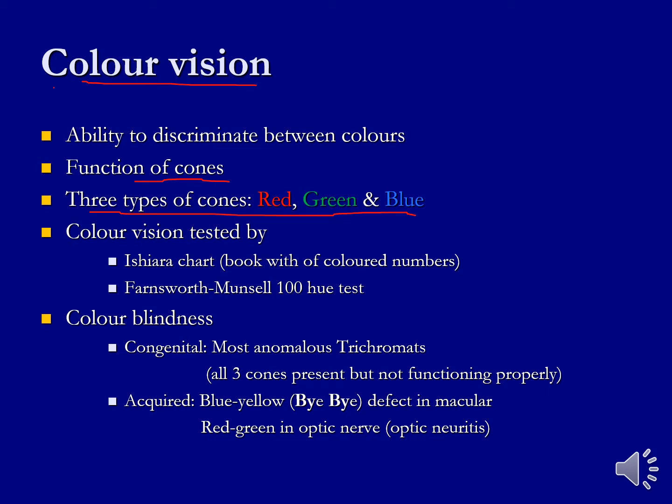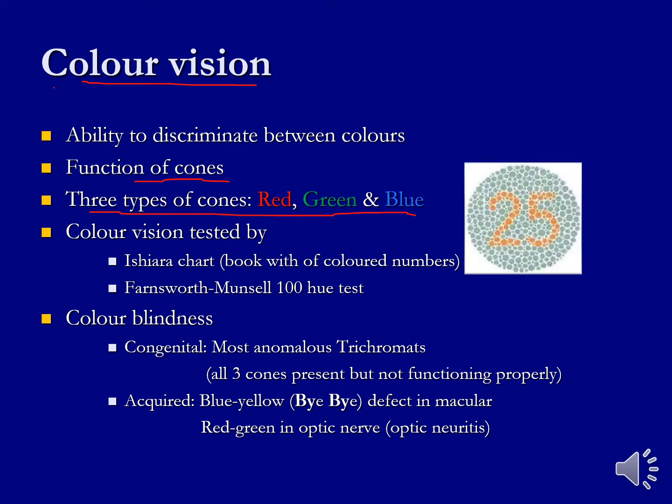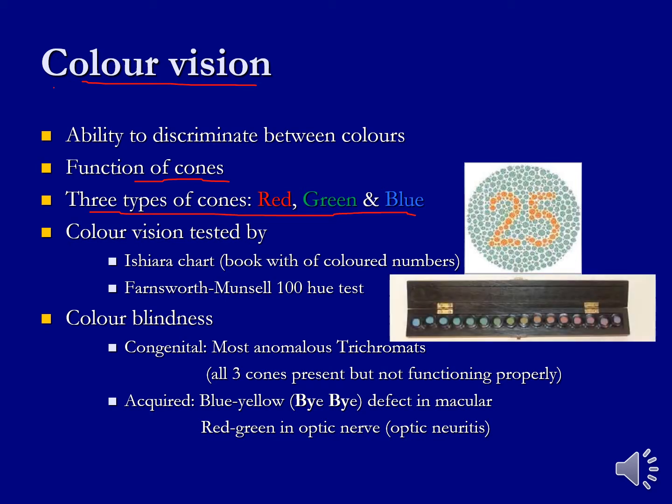Color vision is tested by the Ishihara chart and the Farnsworth-Munsell 100 hue test. The Ishihara chart is a book with colored numbers, and you have to read the numbers to pass the test. In the Farnsworth-Munsell 100 hue test, there is a wooden box with different colors, and you have to arrange the colors from dark to light in a sequence.